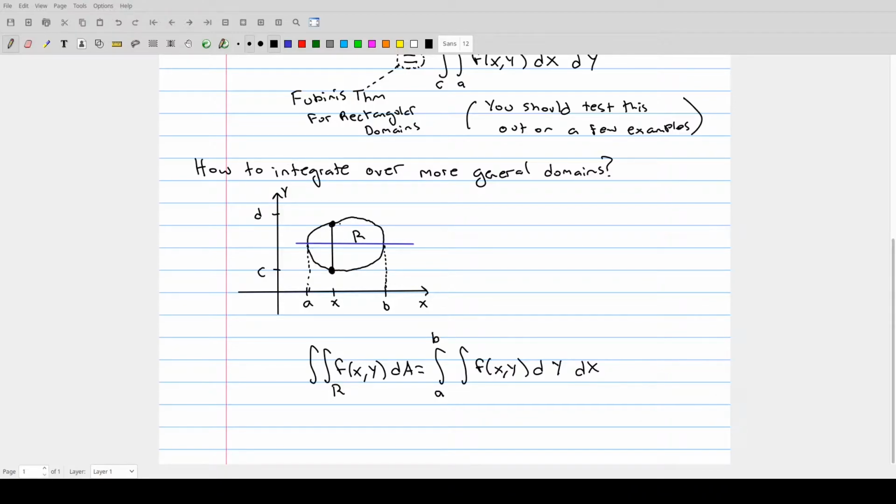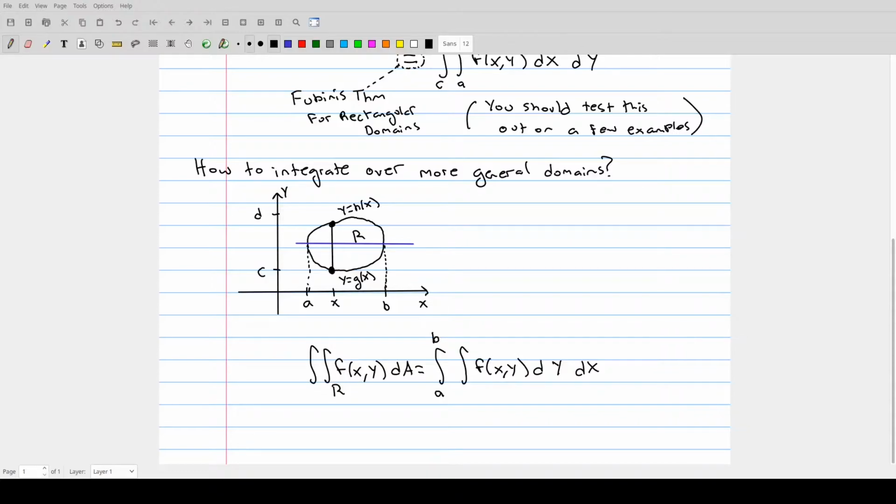So what we do is we typically say that, for our domain R, after we've split it into a top part and a bottom part, our upper boundary will be given by some function of x. For the notes, I'll call it h of x. So let's say that this upper curve right here will be y equals h of x. And the lower boundary is given by y equals, we'll say, g of x for some other function of x.